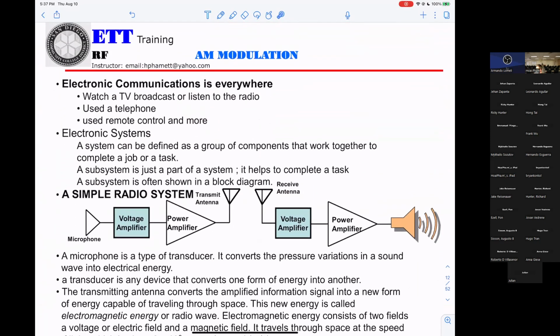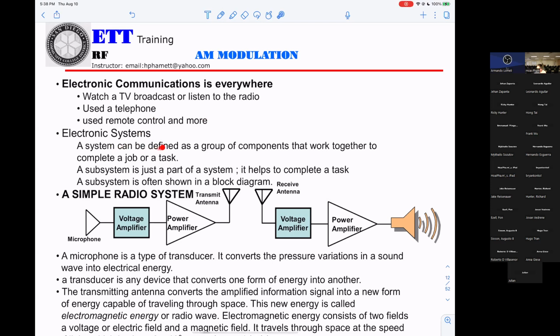Electronic communication is everywhere: WhatsApp, TV broadcast, listening to the radio, using a telephone, using a remote control, and more. Okay? Electronic system.